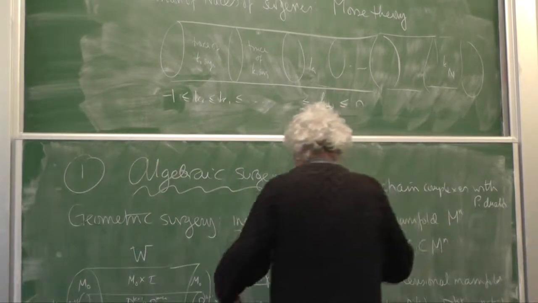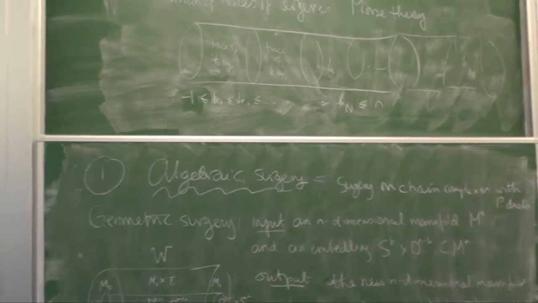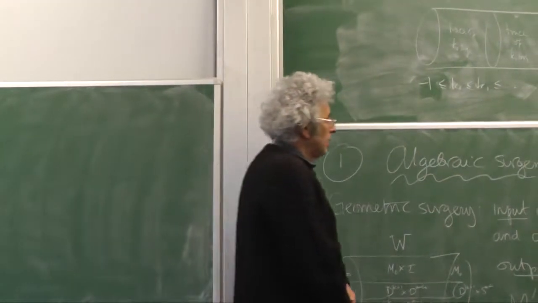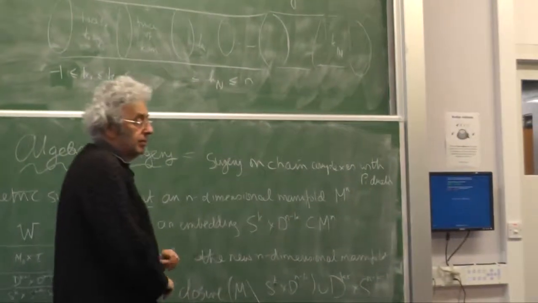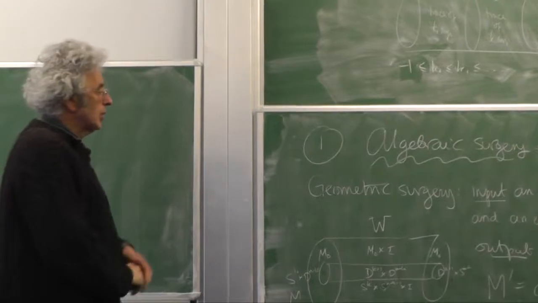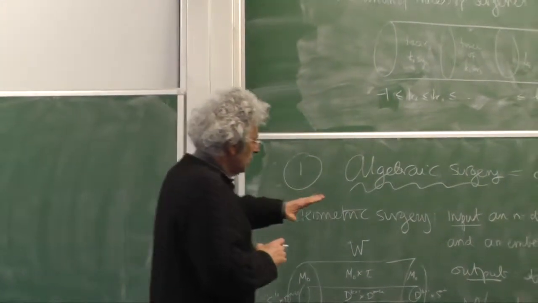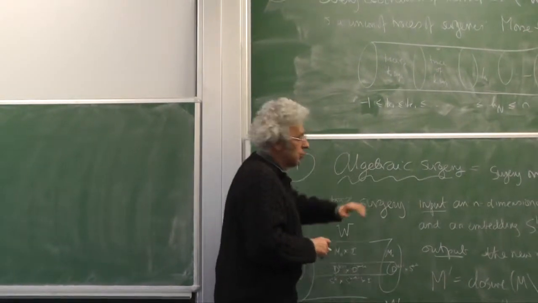So everything that I've said so far on this kind of standard geometric surgery theory works just as well, I claim, in algebra. And what's good about the high dimensions is that in many situations, but not all situations, geometric surgery corresponds to algebraic surgery.